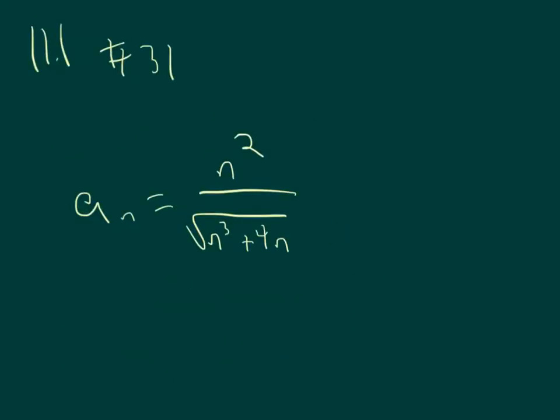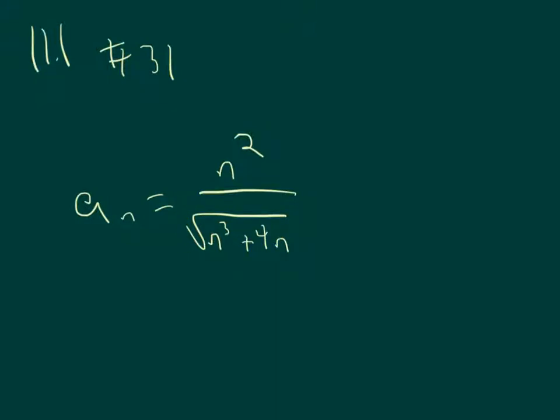Okay, so for 31, when you look at this one, the degree of the top is 2. It's n squared. The degree in the bottom is not as clear, but this 4n is not going to matter much. And the bottom will turn into the square root of n cubed.